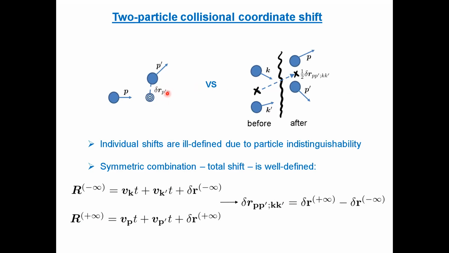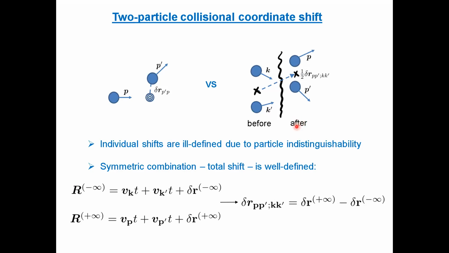The single particle shift depends on the momenta of final and initial electrons and their wave functions. But for two particle collisions, say I take this electron, I cannot tell whether it came from this electron or this electron. They're indistinguishable. That means that I cannot possibly use the expressions for the single particle shifts to calculate these two particle shifts.